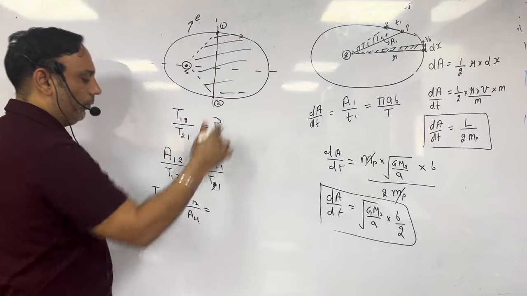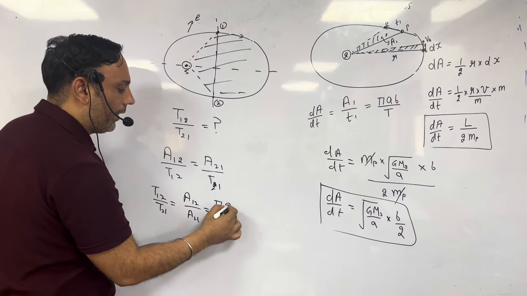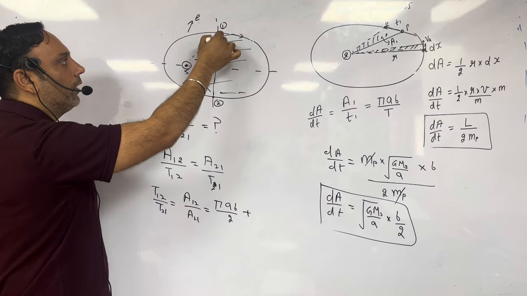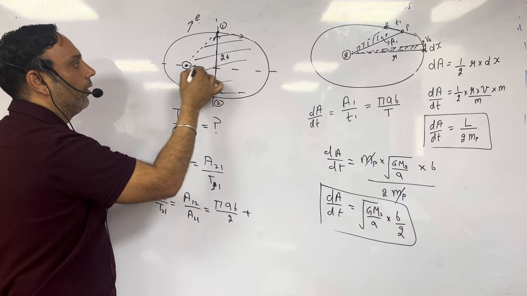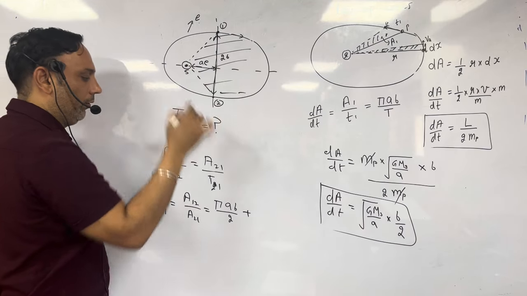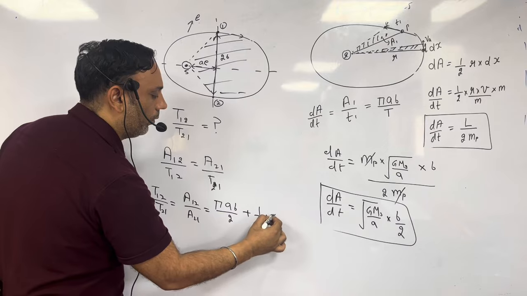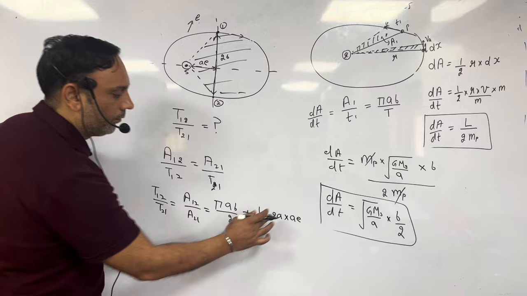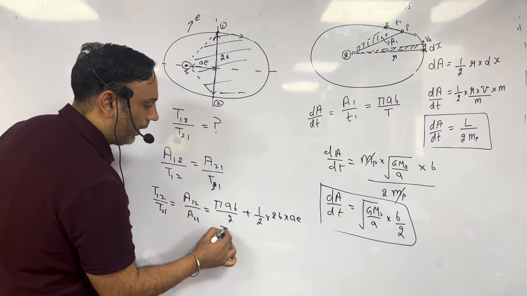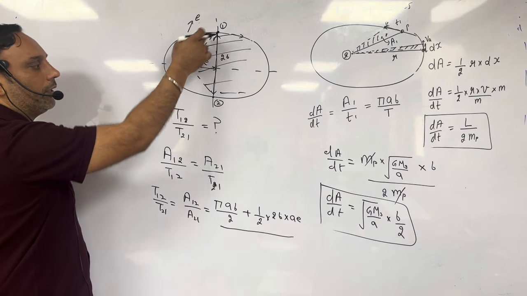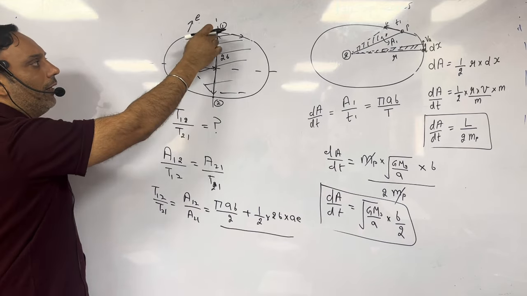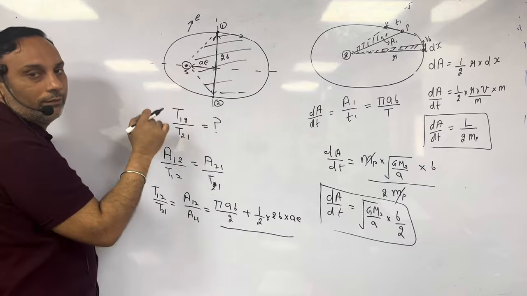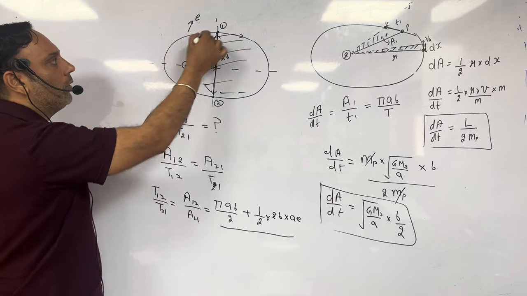So for A12, half the area of the ellipse means pi ab divided by 2, plus this triangle area. This length is 2b, so half into 2b into ae, and that is ae. So plus half into 2b multiplied by ae. Divided by, similarly for 2 to 1, half the ellipse area minus this triangular area, that is the area swept from 2 to 1 around the Sun.